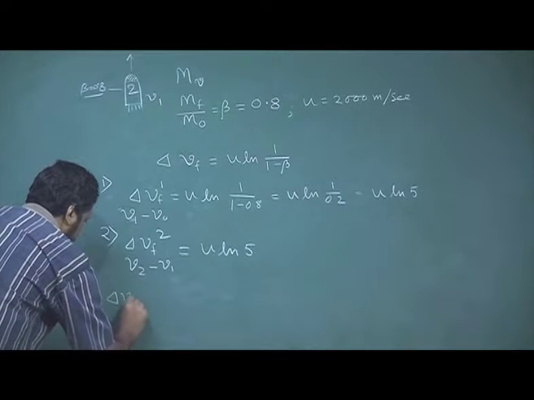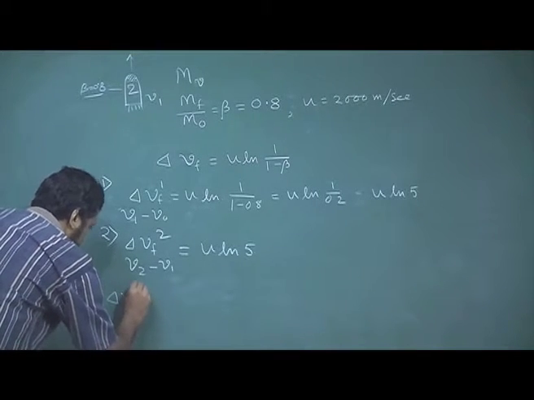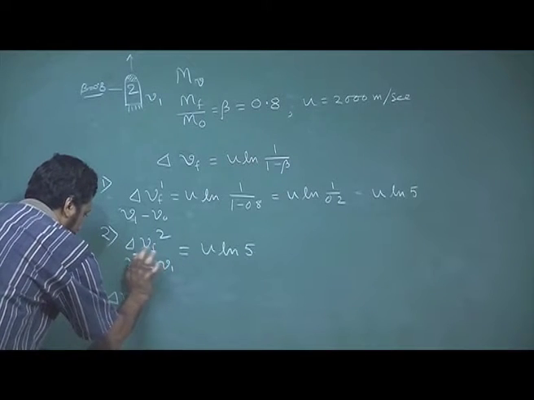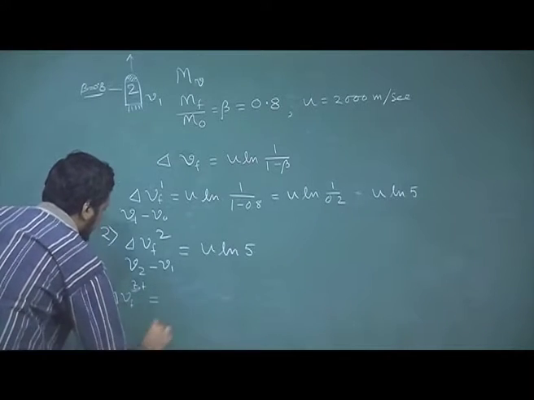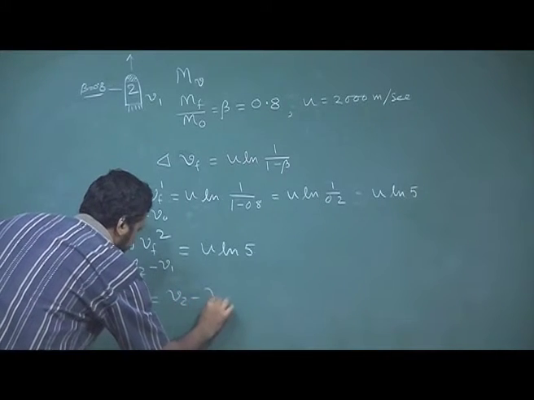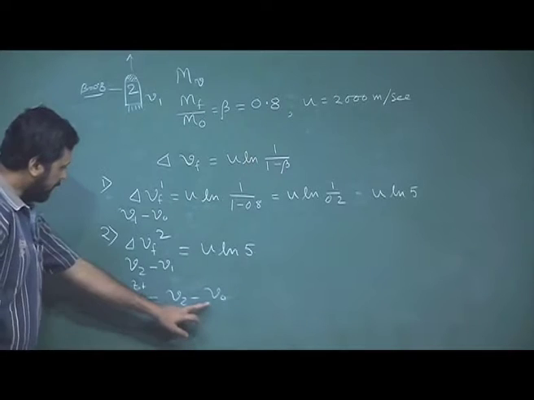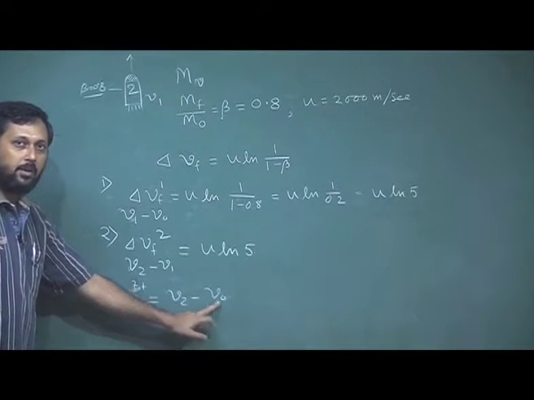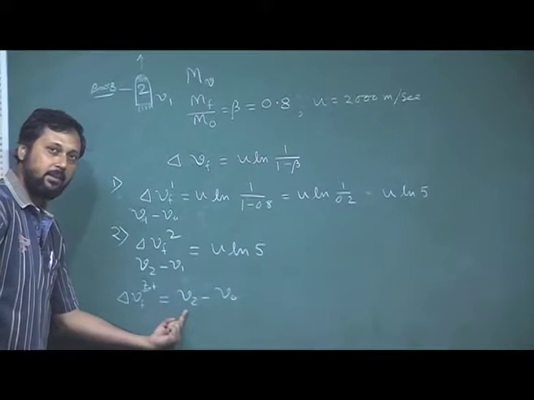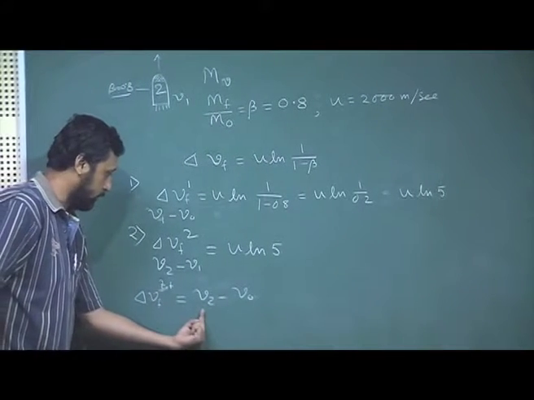So the total velocity change after the second stage is delta V_f total, which is given as v2 minus v0. Before the burning of the first stage started, it had a velocity of v0, and finally after two stages it ended up with a velocity of v2. Okay.